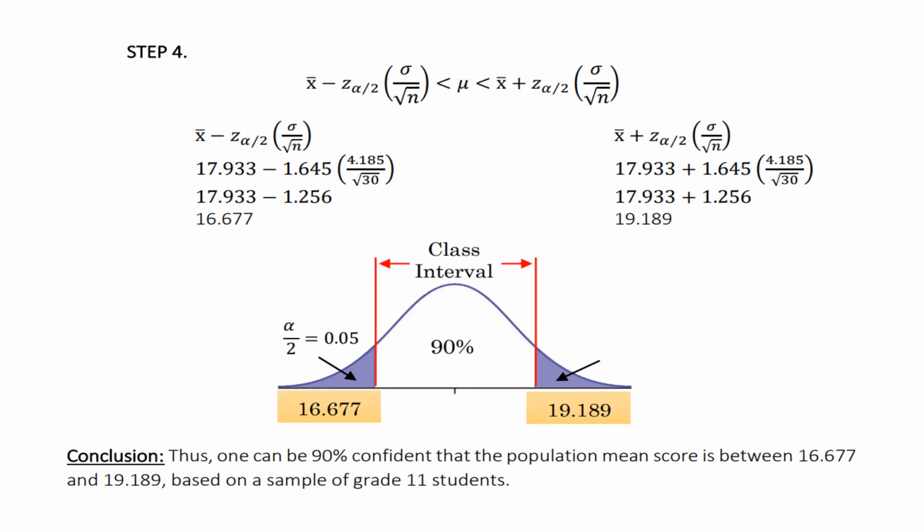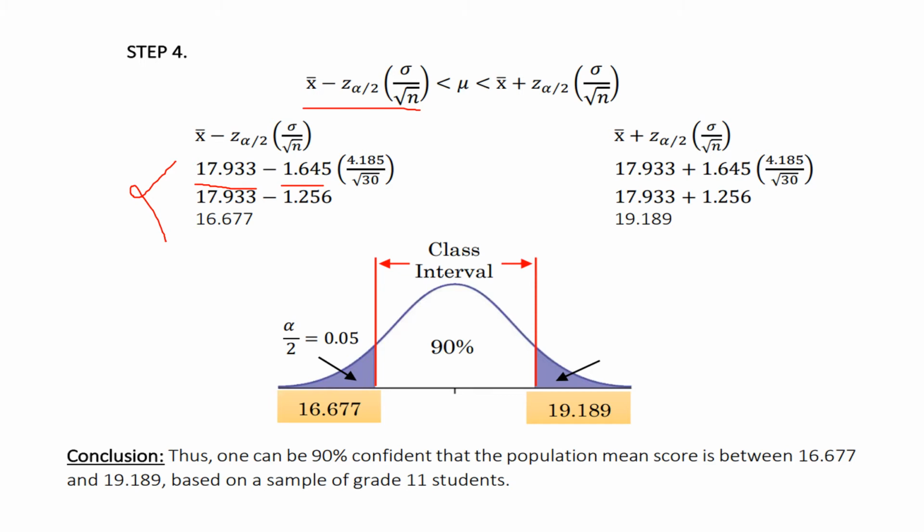So for step number 4, we apply again your formula for the lower and upper confidence level. We just simply subtract and add your C sub alpha over 2 multiplied by sigma over square root of n to your sample mean x bar. We substitute the given values. For the lower, that will be 17.933 minus 1.645 multiplied by 4.185 over square root of 30.